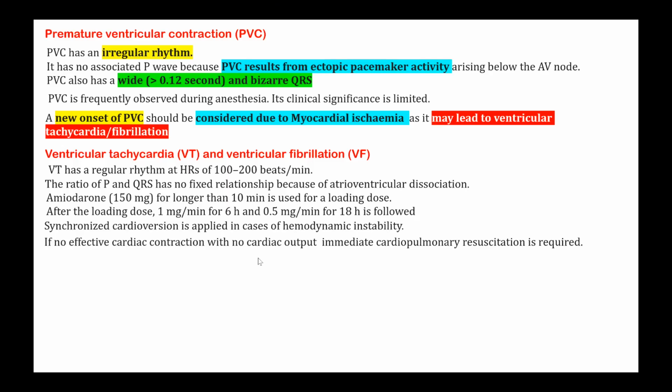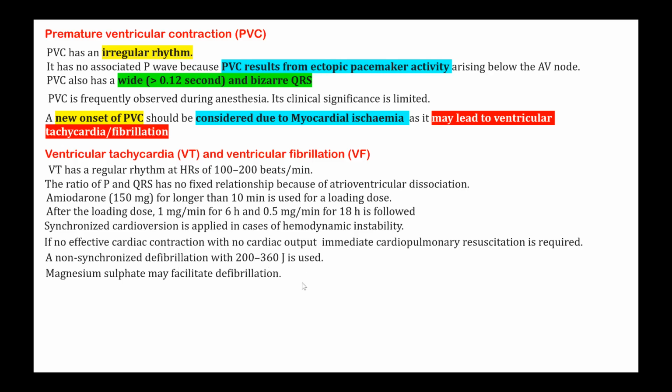If no effective cardiac contraction or cardiac output is maintained, immediate cardiopulmonary resuscitation should be started simultaneously. For defibrillation, the dose is 200 to 360 joules. If it is biphasic, you can go for 200. If it is monophasic, you have to give a larger current of 360.